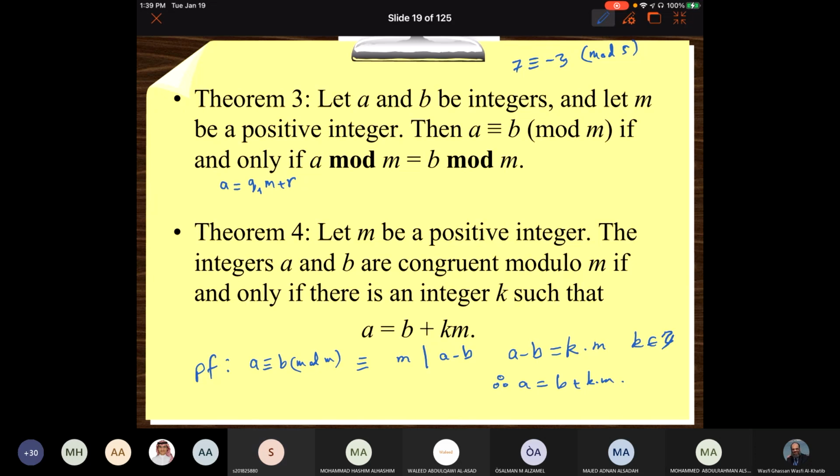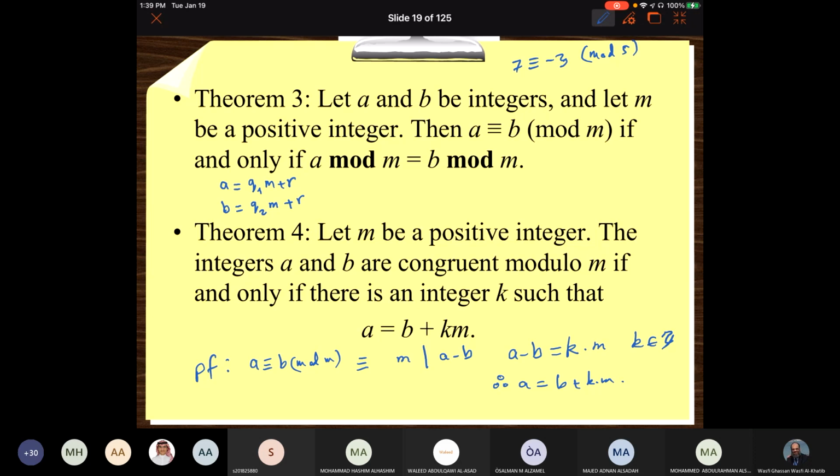Well, b mod m is also equal to r, right? So b is equal to q2 m plus what? Again r, because it's the same r as a mod m, right? Yes.